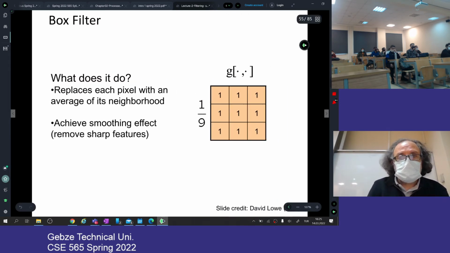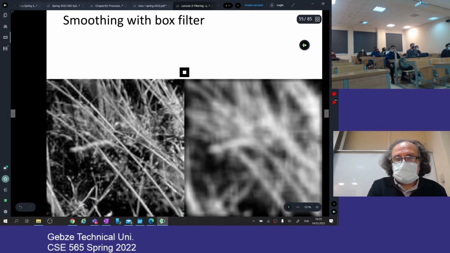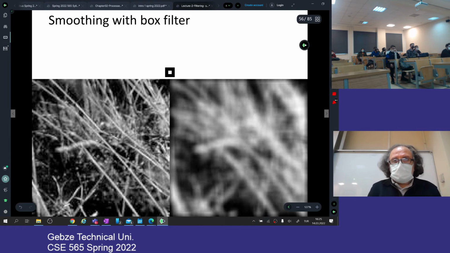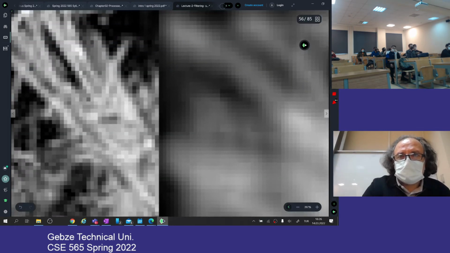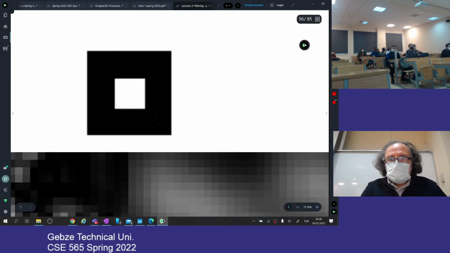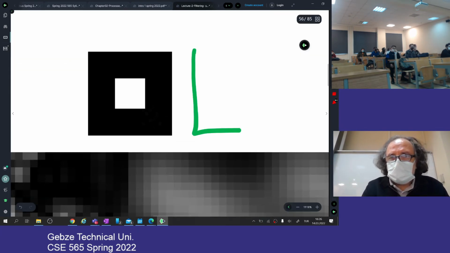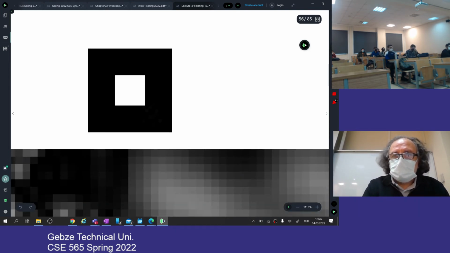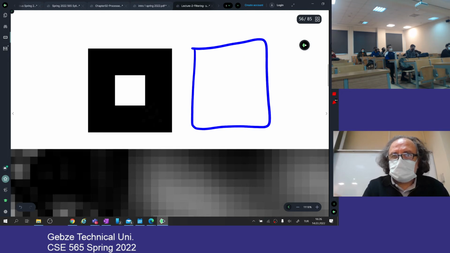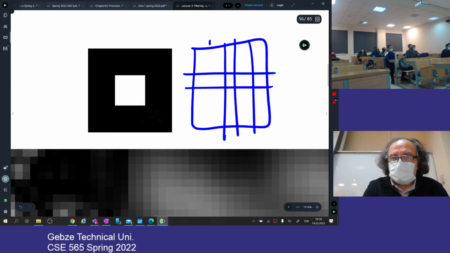Okay. So box filter, we talked about it. Okay, there is one example of box filter. So very simple. Okay, this is our kernel. This kernel is maybe like this. Okay, it is like maybe 5 by 5.